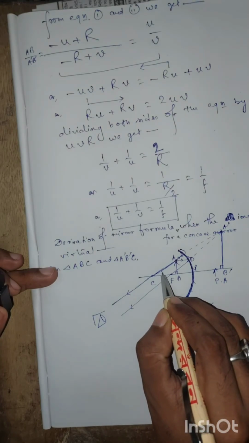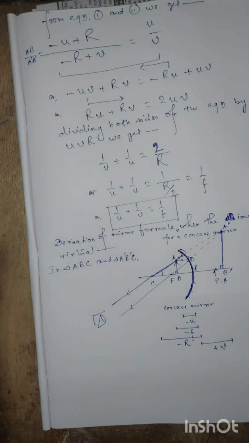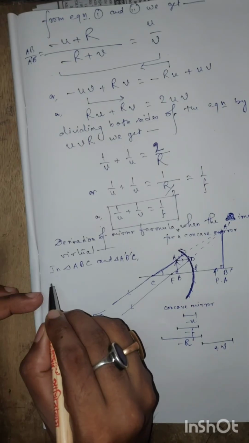And this is the common angle to both the triangles. So we can write number 1.